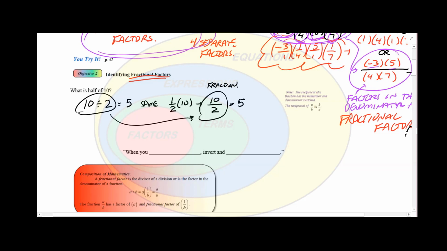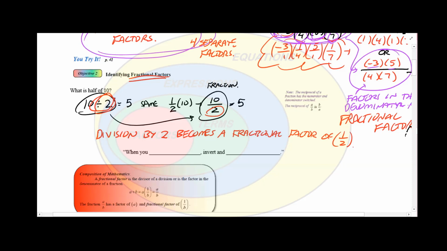Okay, but notice how the divided by 2, this division by 2, is tied to the 2 in the denominator. Isn't that what it is? So here's what we have. Division by 2 becomes a fractional factor of 1/2.